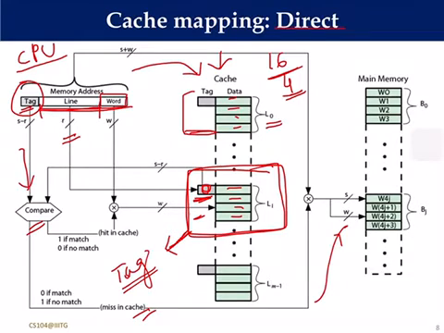Which word of that will be given by this word bit. So we'll pad this word bit with the line address, get the data from this particular word, and supply it back to the CPU. So that's the procedure for direct mapping.